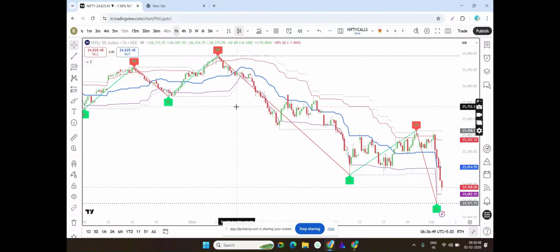So if you'll see here, the trend change happened here on the close below here. Okay. Then we got a gap up opening. We could not sustain, no close above this. So trend down continued. We got a brief trend change for 2 3 hours. And then again we opened gap down on this day. Okay.